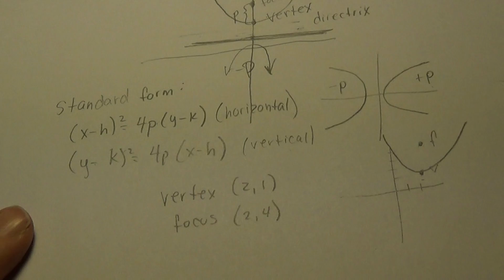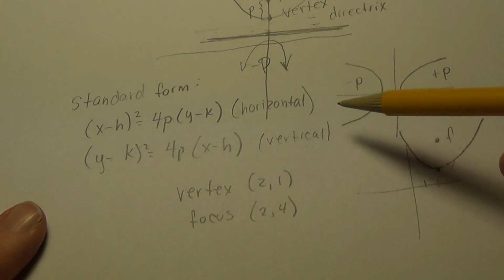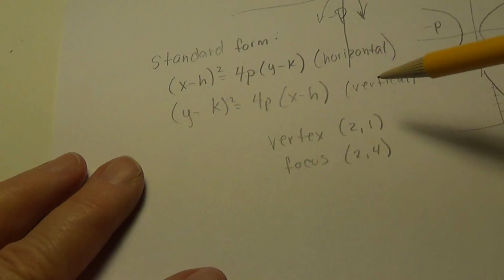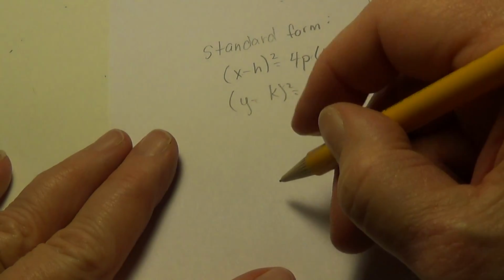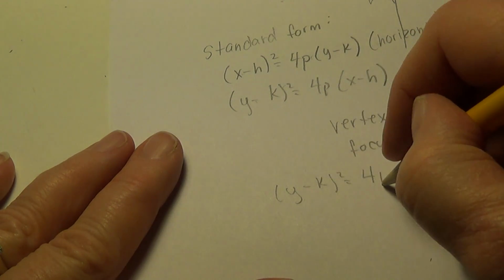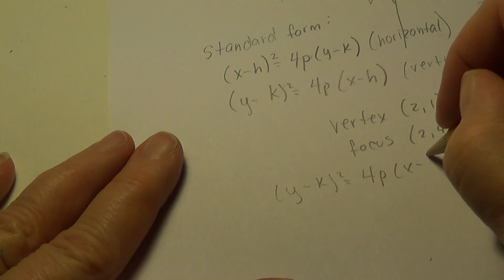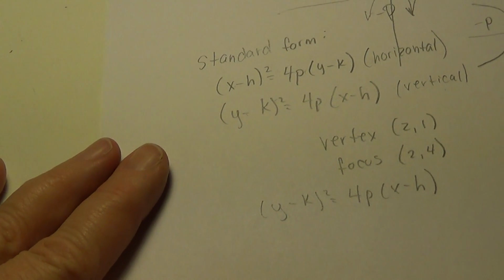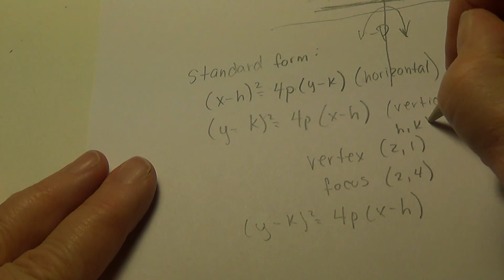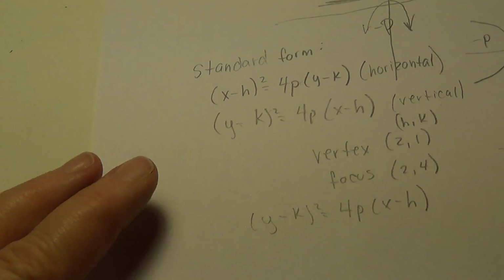Alright, so that means we're going to have this form. It's a vertical one, opening up and down. So I'll go ahead and write that. Y minus k quantity squared equals 4p times x minus h. We'll recall that the vertex is Hector, comma, Kyle, just like with the circle.